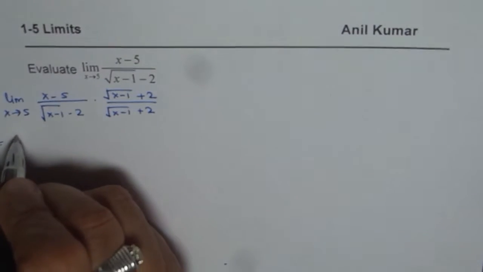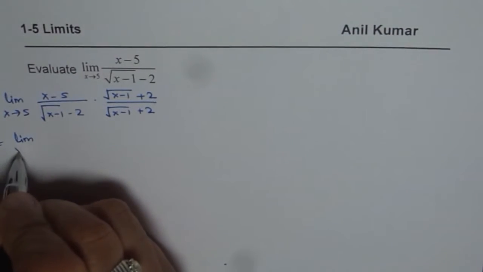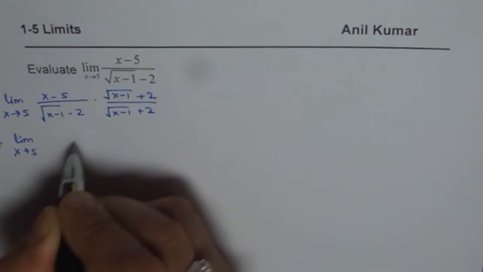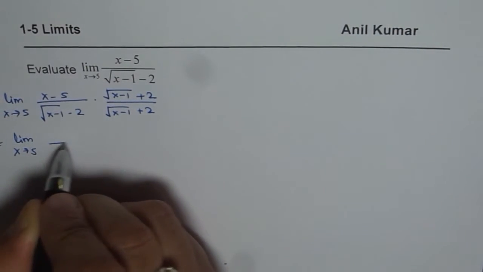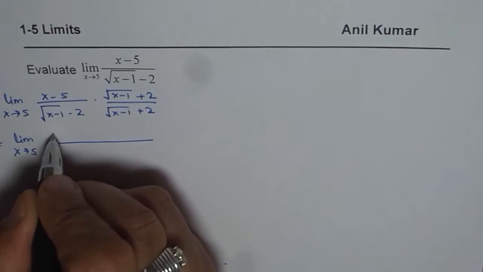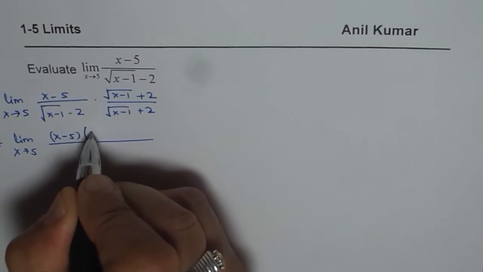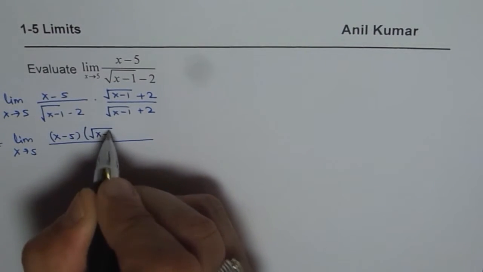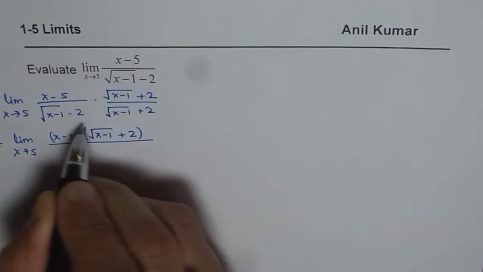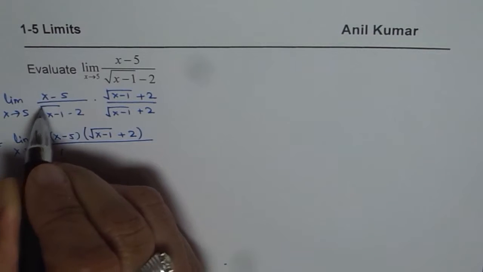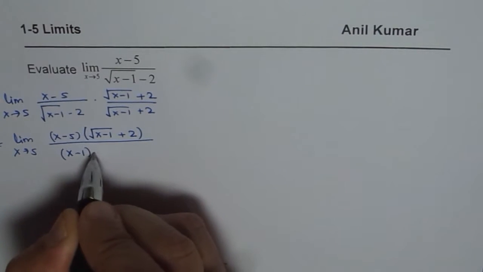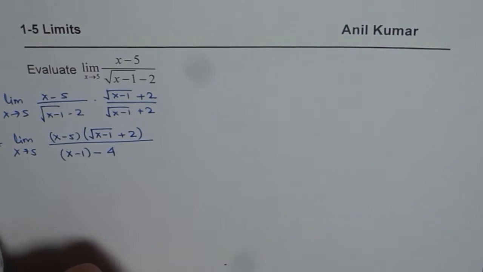Now do not expand the numerator. Since we have rationalized the denominator, we will do the difference of squares in the denominator and maintain the numerator as a product, which is square root of x minus 1 plus 2. And here we get the square of the square root, which is x minus 1, minus 2 squared, which is 4.